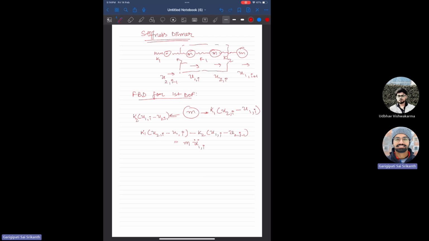So this is the F is equal to MA format. You can simplify this further.